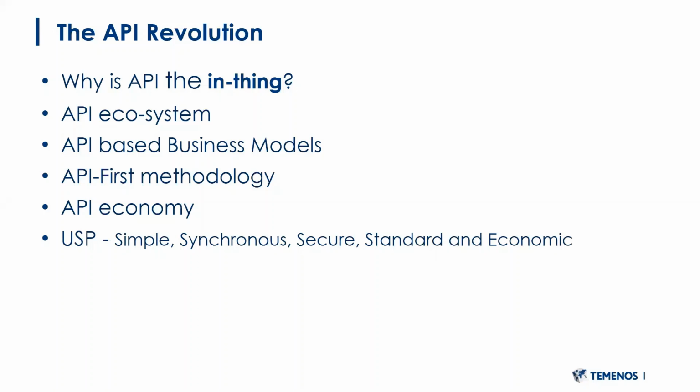So if you look at it as a whole, there are multiple parties involved in this game. There are publishers who want to publish data. There are consumers who want to consume the data and probably transform it. And then there is the end user who is making use of the data and probably paying for it.